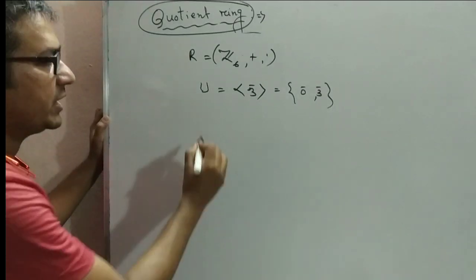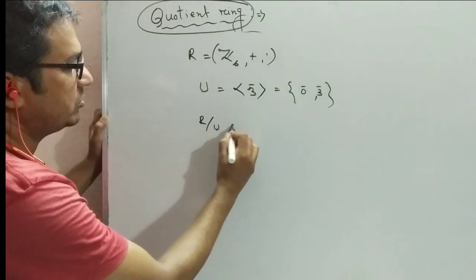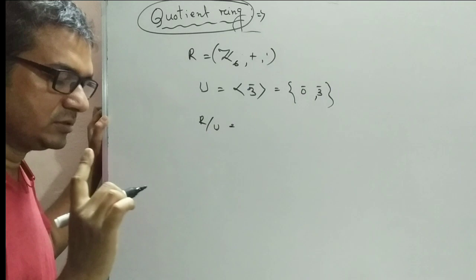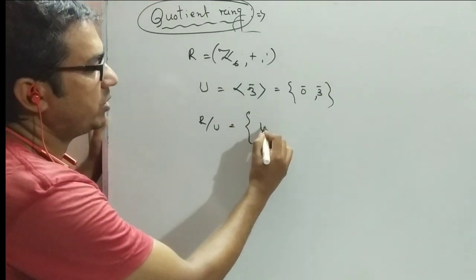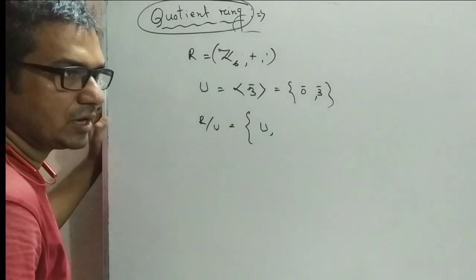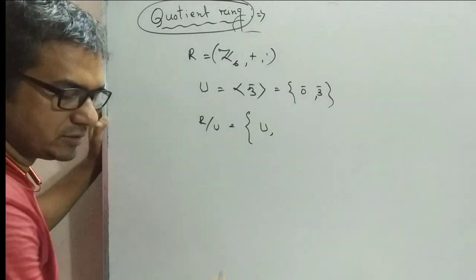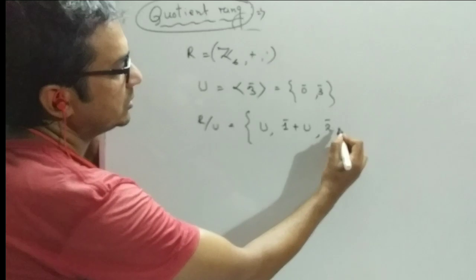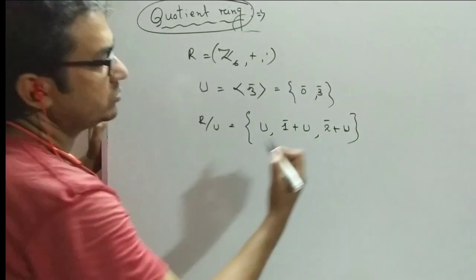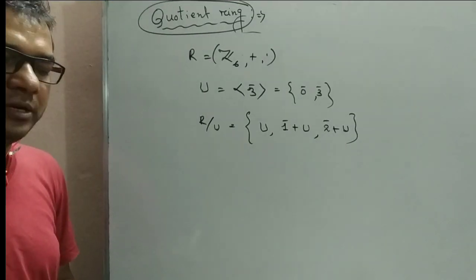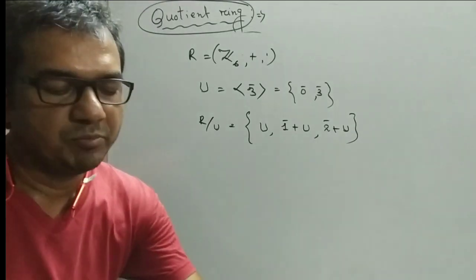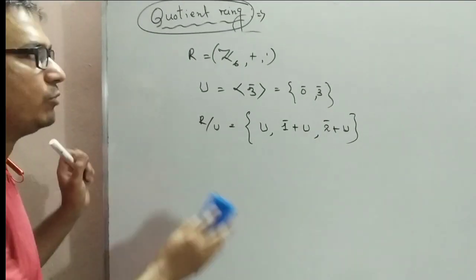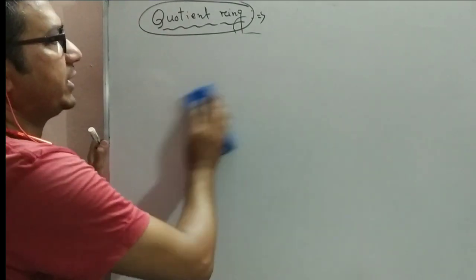Okay, here R/U contains only 3 elements. First, obviously the 0 element, second 1 + U, and third 2 + U. Right? Now we go to an important theorem of the quotient ring.